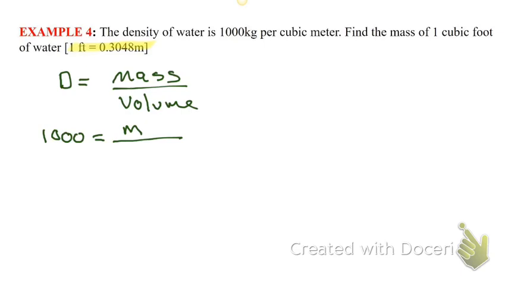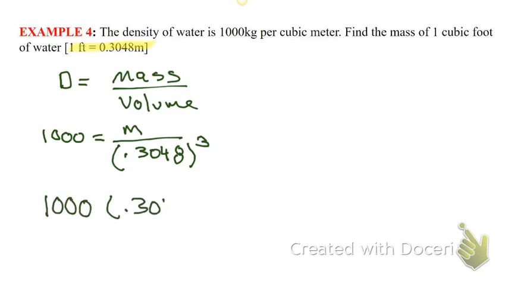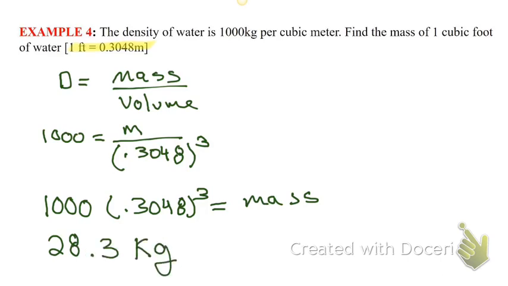So what you want to do is cube it in meters. So you're going to cube it, and then you're going to cross multiply there and use your calculator.